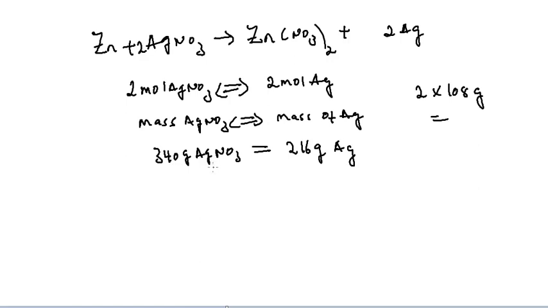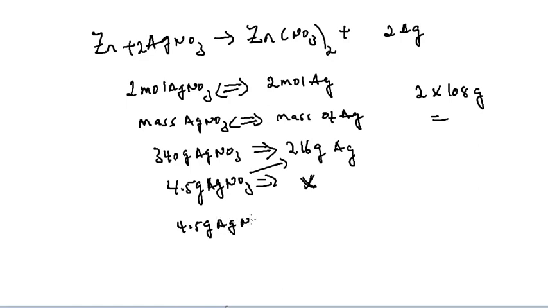Now, if 340 grams of silver nitrate would provide us 216 grams of silver, then we ask: 4.5 grams of silver nitrate would give us how many grams of silver? Again, we use the crisscross method. So we would say 4.5 grams of silver nitrate times 216 grams of silver over 340 grams of silver nitrate.